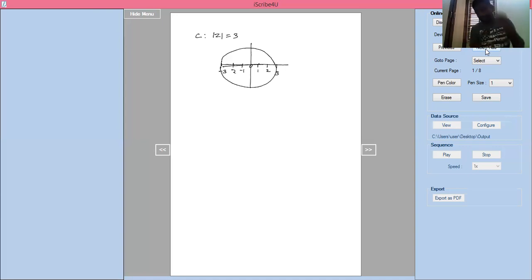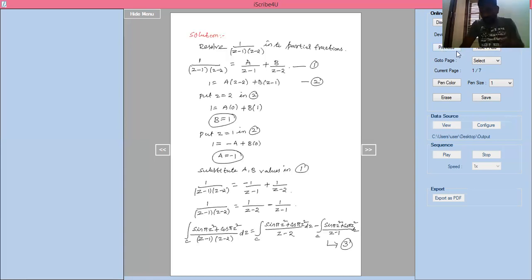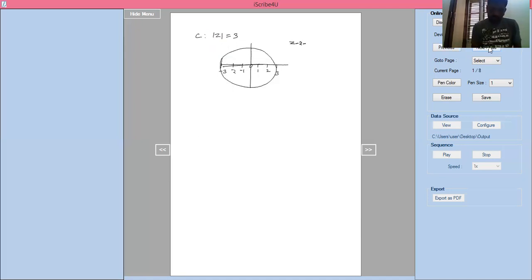It should be a circle, a curve. Now, what are the points here? We know that one is z minus 2 and another one is z minus 1. Now, z minus 2 equal to 0 and z minus 1 equal to 0, so z equal to 2 and z equal to 1.